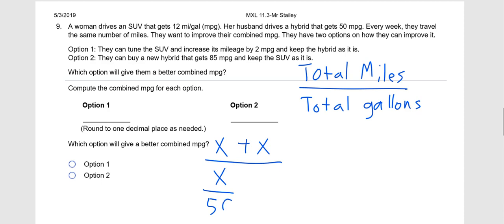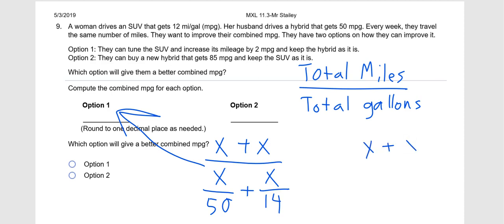That's his number of gallons of gas that he uses every week. Now, if her SUV is getting improved, instead of x over 12, it's going to be x over what? 14. Now, that's option number 1.